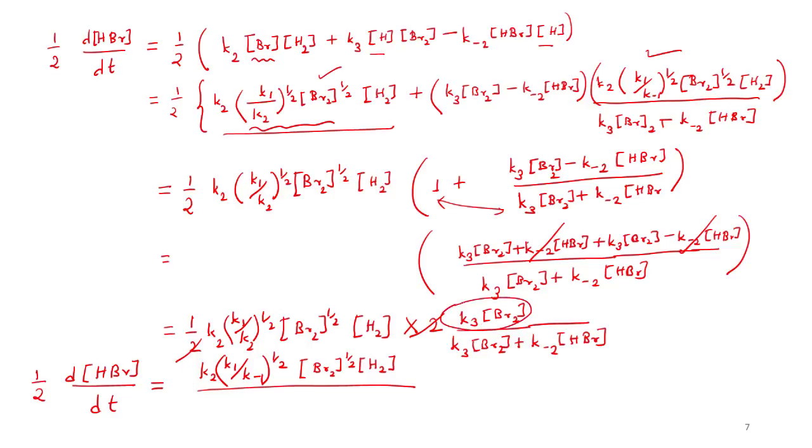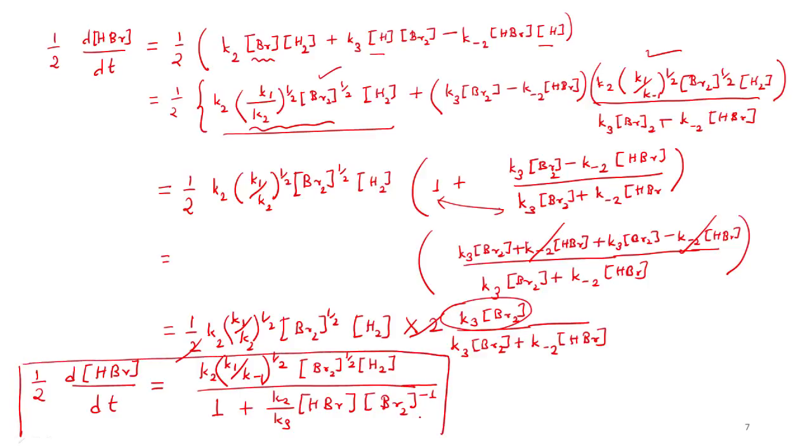Then this factor becomes 1 plus k minus 2 divided by k3 times HBr, and there is also a Br2, so that will be Br2 to the power minus 1. Yes, I think we're correct. So this is the rate expression that we observed experimentally.